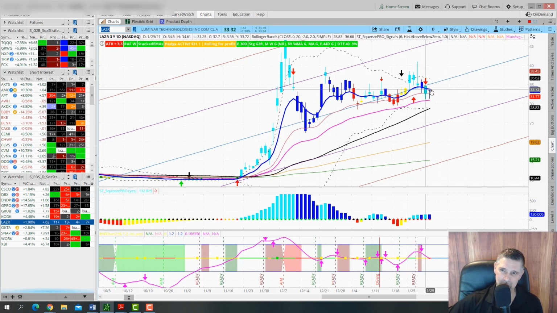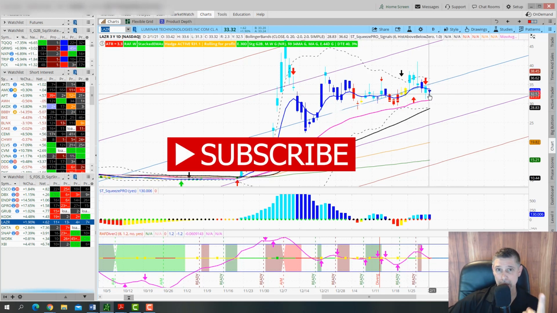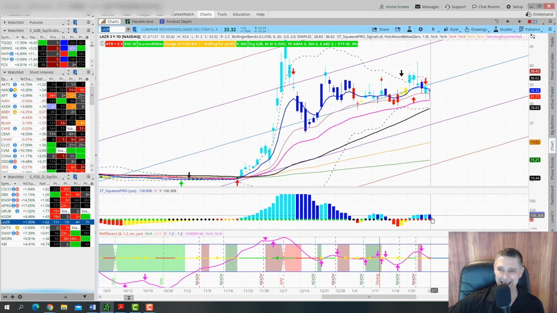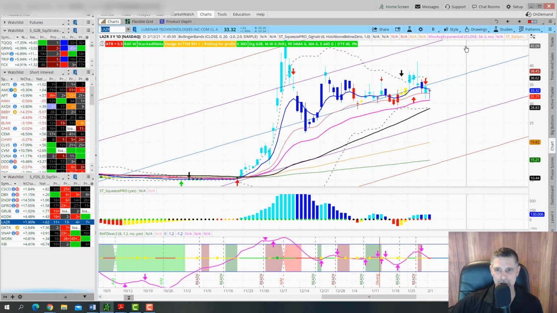You're looking for the candlestick to turn from dark blue to baby blue, or the histogram on the TTM Squeeze Pro or Squeeze go from dark blue to baby blue, or the ready, aim, fire up arrow. If you can just wait for that little extra confirmation, don't catch it as it's falling, wait for it to shift.